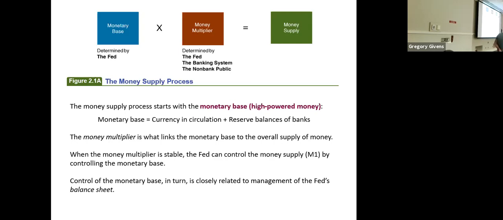Because the Fed can't perfectly predict or forecast how the banking system and the non-bank public are going to change their behavior as economic conditions change. We go into a recession or into an expansion, and banks and the private sector start to behave a lot differently regarding their money decisions. And so the Fed can't perfectly control the money supply in that way because the money multiplier isn't 100% stable.